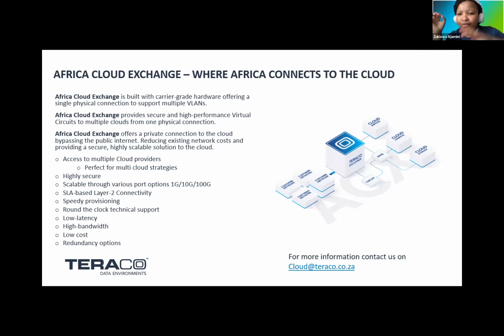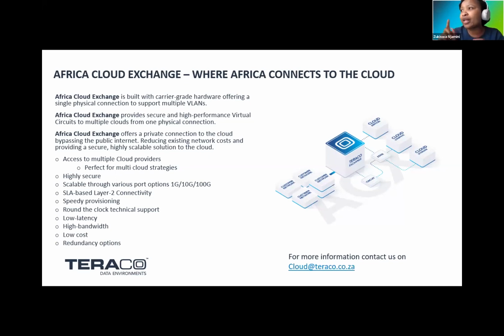You would have defined your cloud journey and bandwidth requirements, which happens outside this connectivity. Once you've defined that, you need to know how much speed you require from a physical layer. From a Teraco point of view, we offer 1 gig, 10 gig, or 100 gig in terms of port speed.